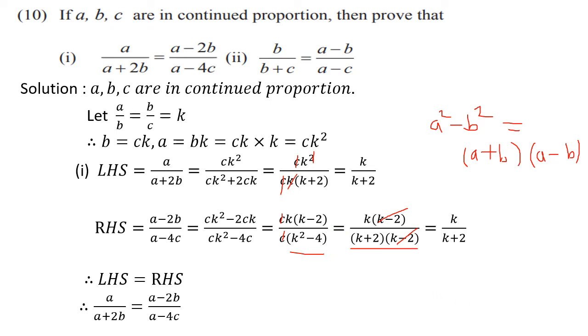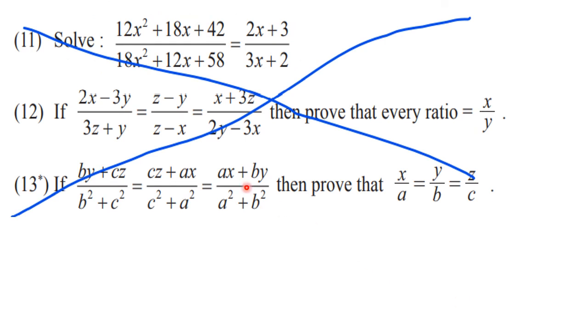Now, let's go ahead. The last three sums, 11, 12 and 13, again they are under reduced syllabus. But this type of sums we have studied in practice sets. Here the theorem on equal ratios we have seen in practice set 4.3, and this also we have seen in two practice sets.